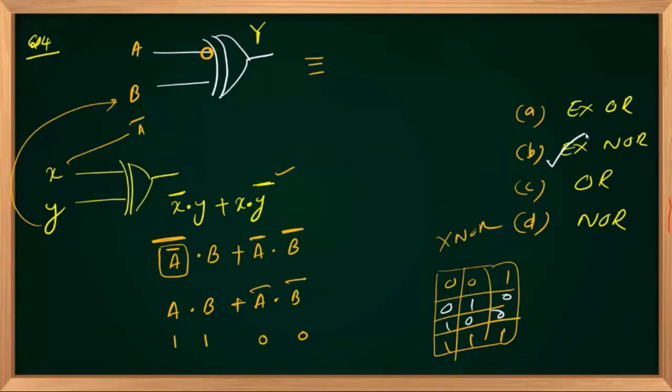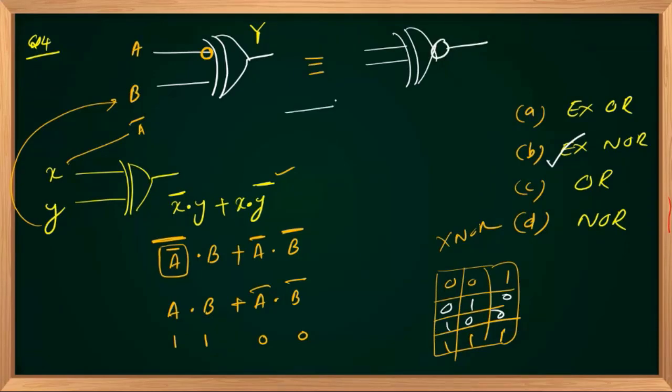XOR is wrong. It's an XNOR. So that is very easy to remember. If your XNOR gate is complemented, one of the inputs is complemented, either upper or lower, it doesn't matter, right? If one input is bubbled, it acts as the complement of XOR, that is XNOR.